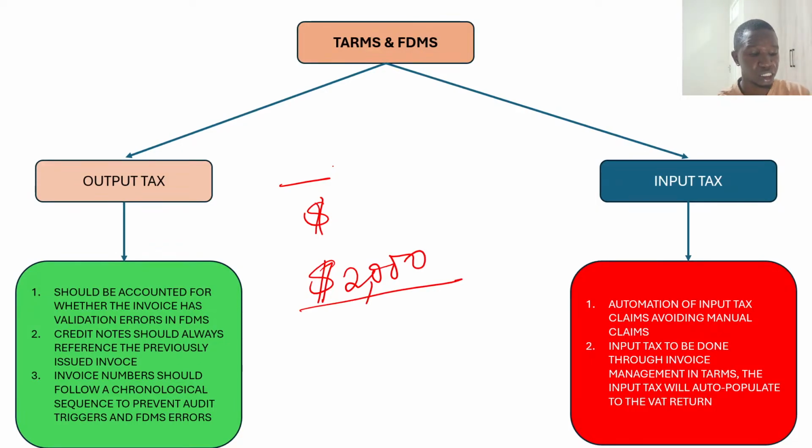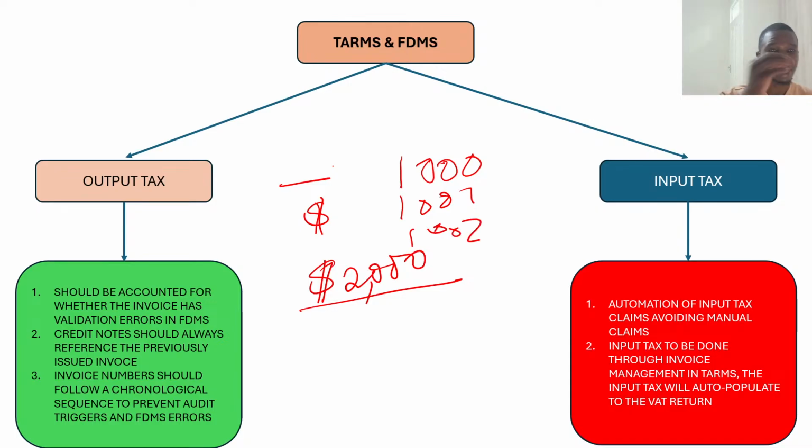So these days they follow a chronological order of invoice numbers. If you have a system, it produces a sequential order of numbers, 1,000, 1,001, 1,002. So if they find inconsistencies in the sequence of your invoice numbers, they would want to see why you are skipping some invoices, and it's not allowed.